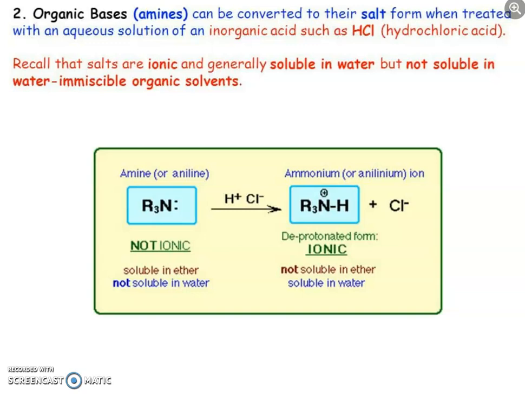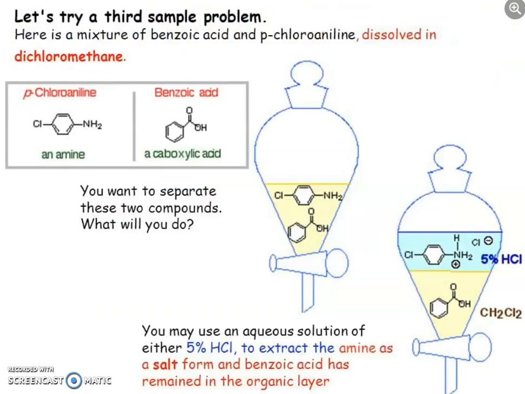So, amine or aniline is not ionic, soluble in ether, not soluble in water. If you add the HCl, you get the ammonium or anilinium ion, the protonated form, ionic, not soluble in ether, soluble in water.